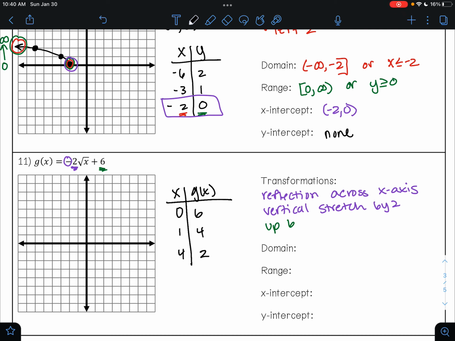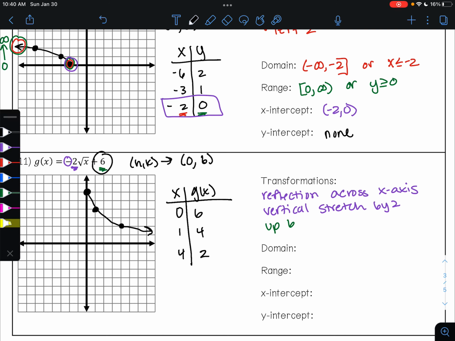Again, you could have also found your h, k value by looking at your graph, seeing that you don't have an h value at 0 and your k value is 6. So you could do that either way. So here is that curve.